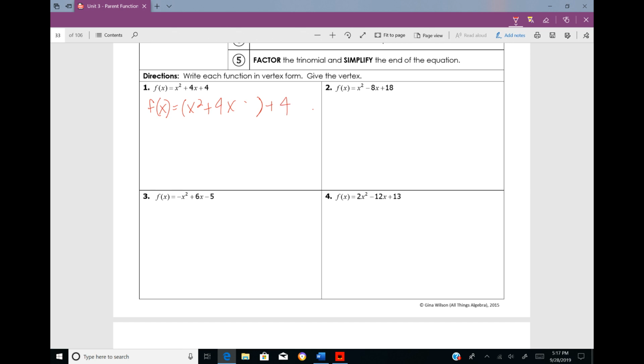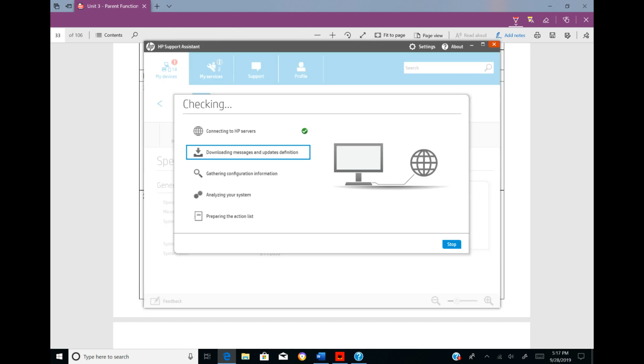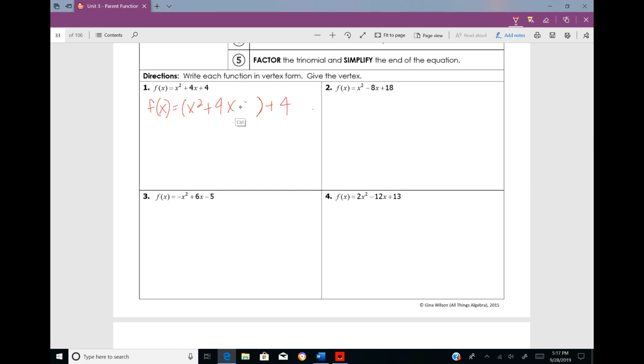Then we're going to take half of 4, which is 2, square it, which is 4, and then we're going to add that, plus 4, and then subtract it from the end here. And this is going to factor to f of x equals (x plus 2) squared, and then 4 minus 4 is just 0, so we're done. Which means that our vertex is the point (-2, 0).